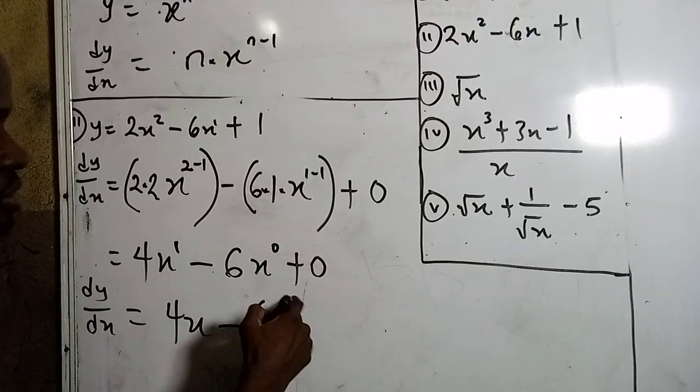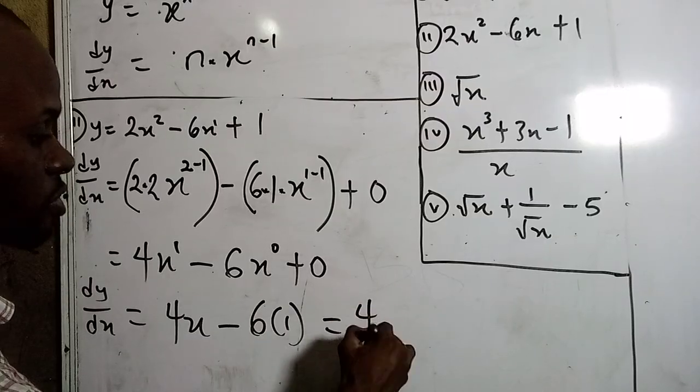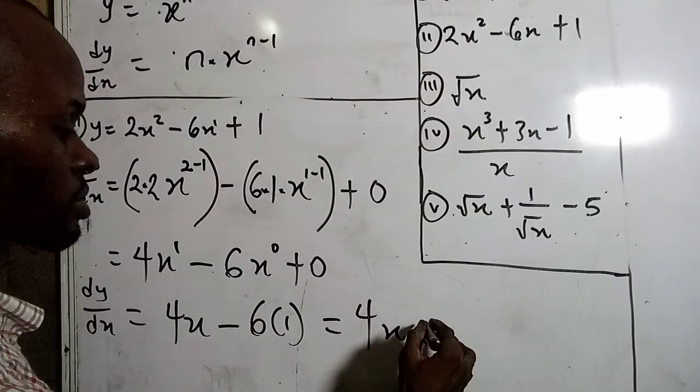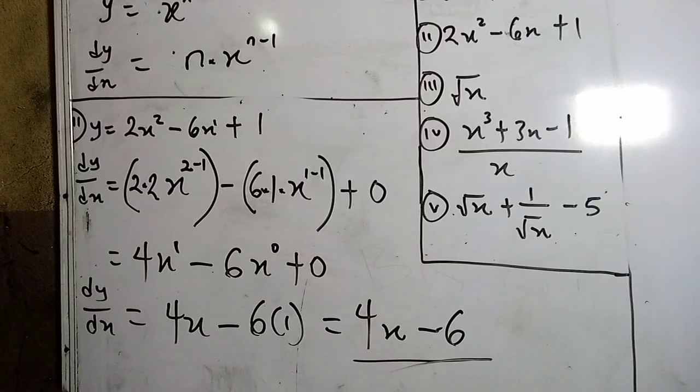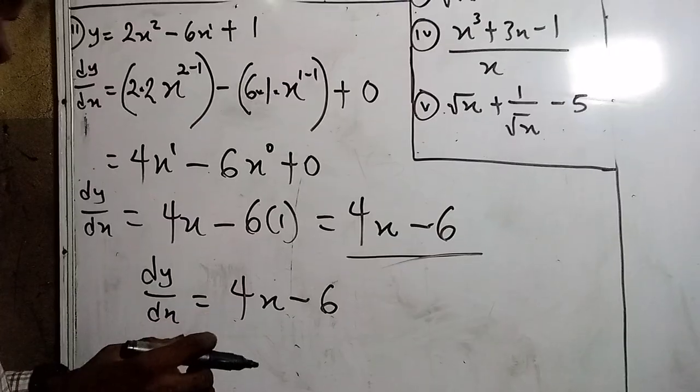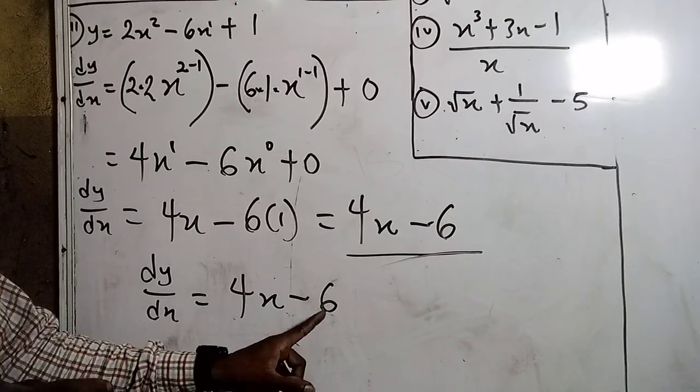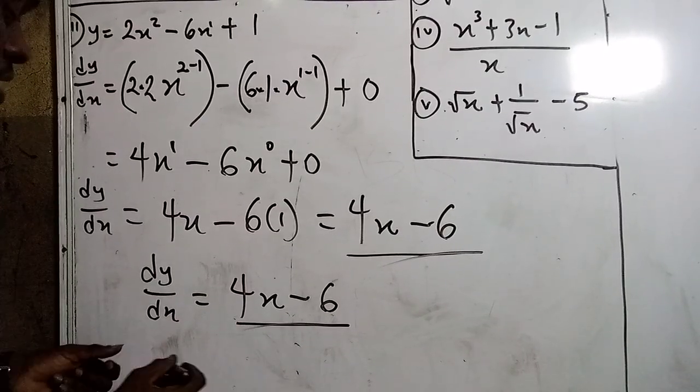So for them we have 4x minus 6. That's the answer to this expression. So let's take the next question also.